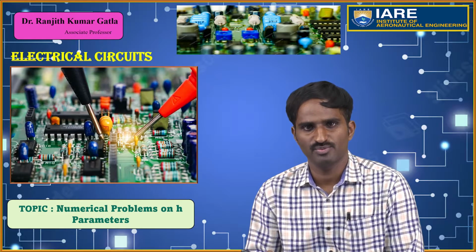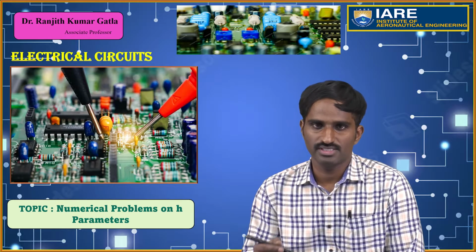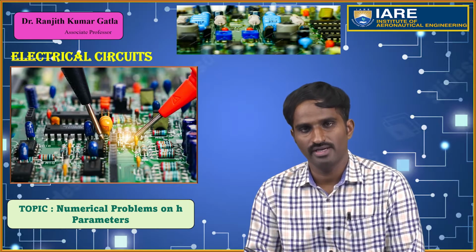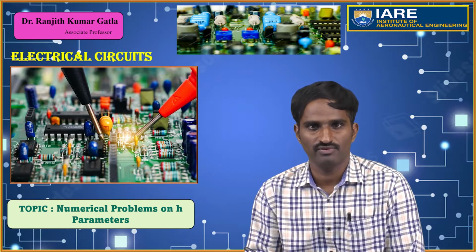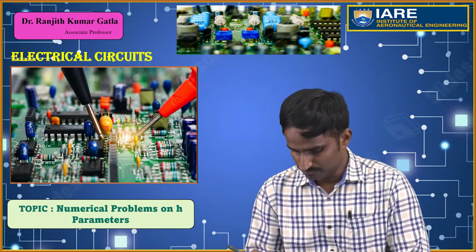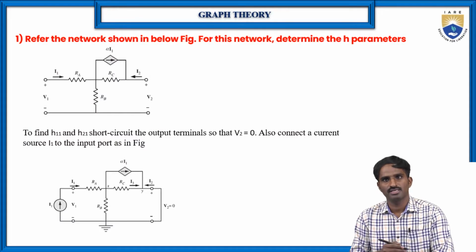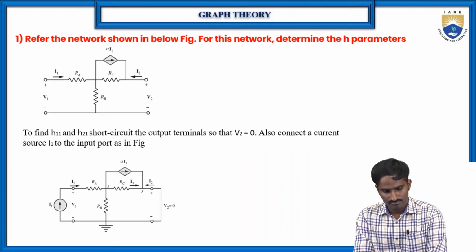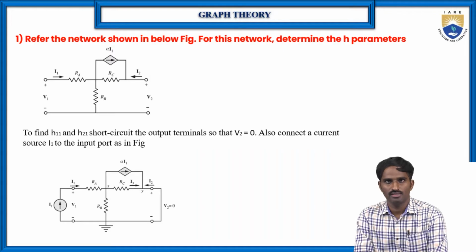Similarly, in the H parameters also, we need to find first H11 and H21, then after that we will find H22 and H12. So first let us go with the first problem. By referring to the network shown in the below figure, find the H parameters.